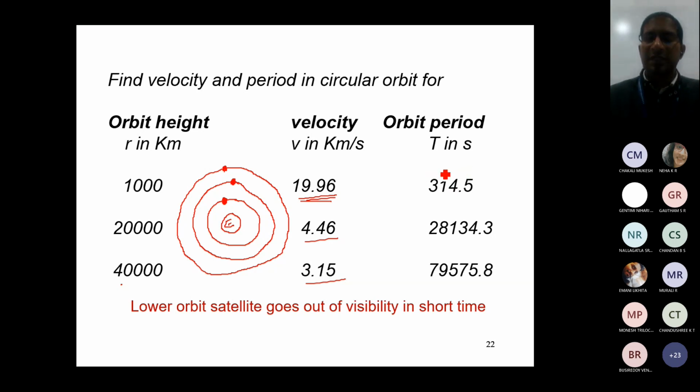And hence the time period. The time period is the time taken by the satellite to make one rotation around the Earth. Here the time taken to make one rotation is 314.5 seconds, around 315 seconds. So in 315 seconds, a satellite can complete one rotation around the Earth.